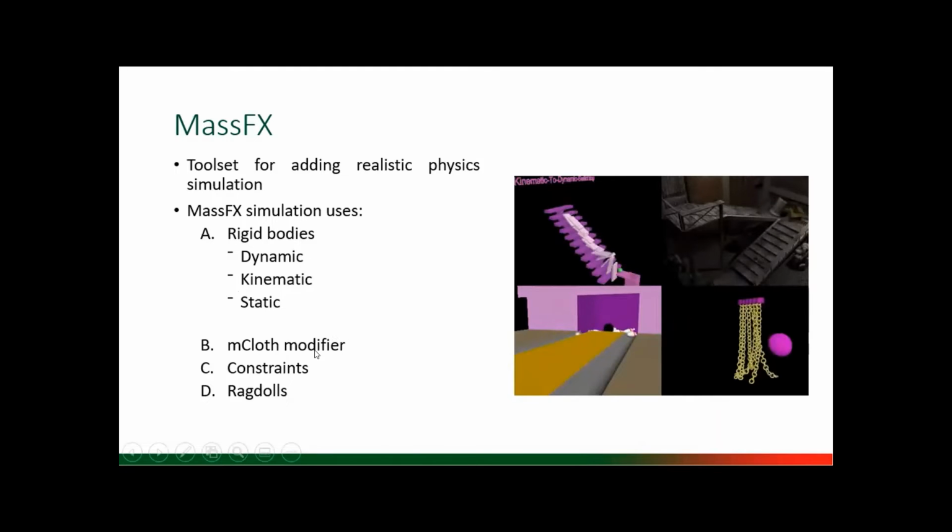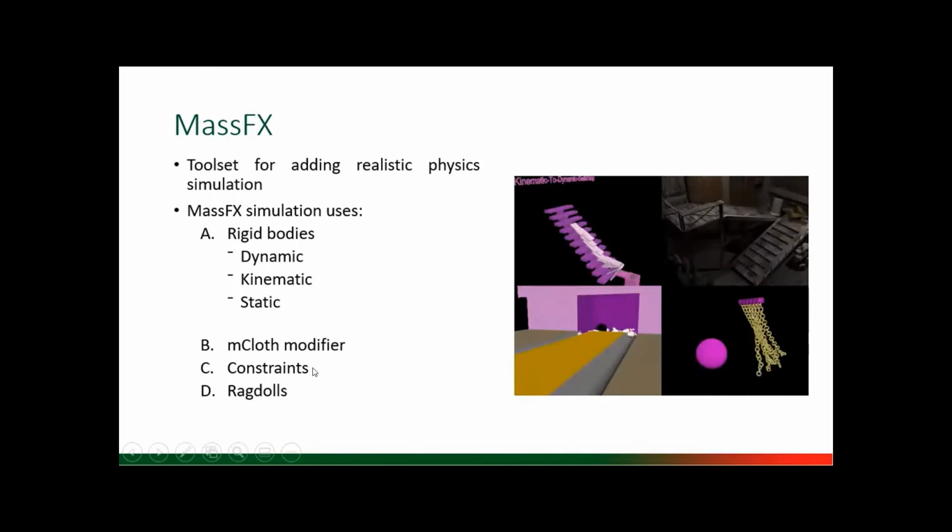And then we also have the mCloth modifier, which allows cloth objects to be included in the simulation and to react to the objects inside of MassFX. The next one we have is constraints. A constraint, you could imagine it like a joint. It's basically a link between two rigid bodies, or a single rigid body anchored to a global space.